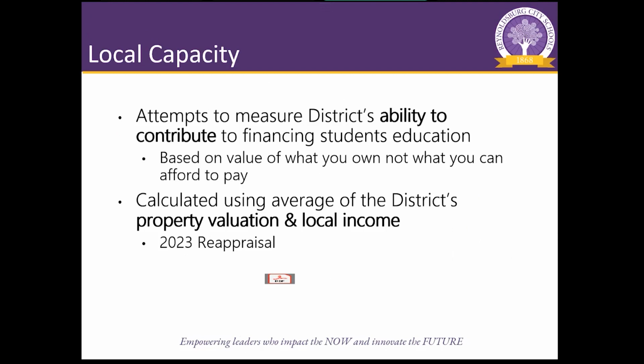And then just keep in mind that there was a reappraisal, which I'm sure you've heard about, if not personally receiving a letter, from board meetings where we discussed this, the 5-year forecast. But the 2023 reappraisal does impact those numbers, and so in effect makes the district appear wealthier.